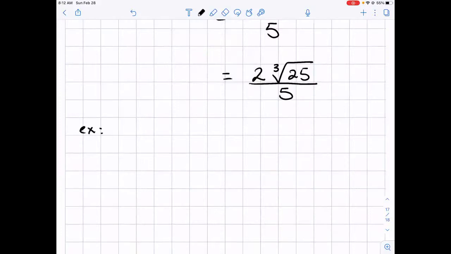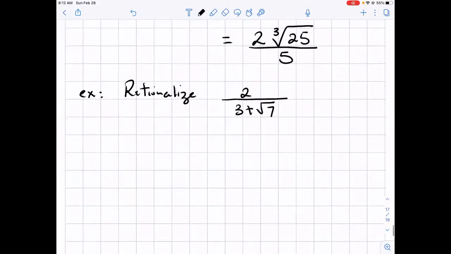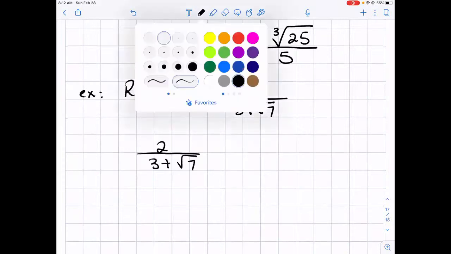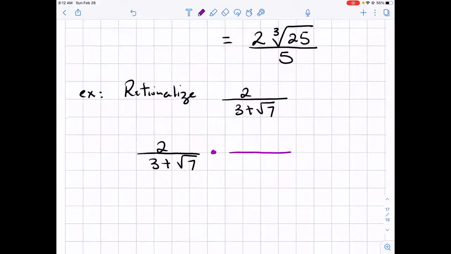Now, when the denominator or numerator is two terms, for example, 2 over 3 plus root 7, then the conjugate is easier, because it is the same but the sign is different. So 3 minus root 7.